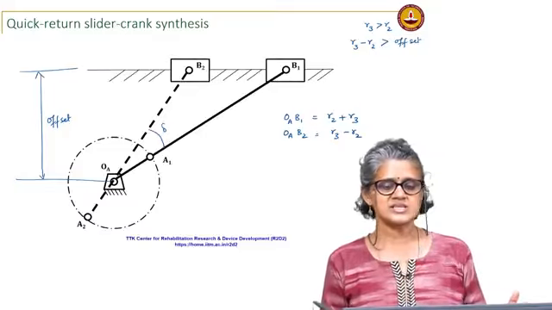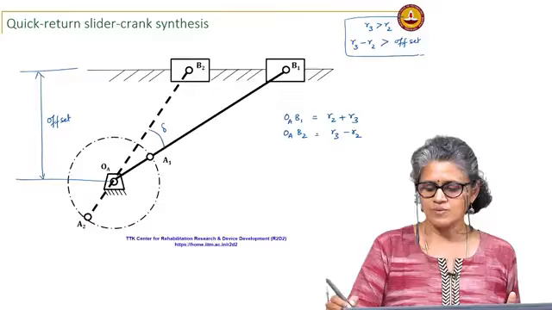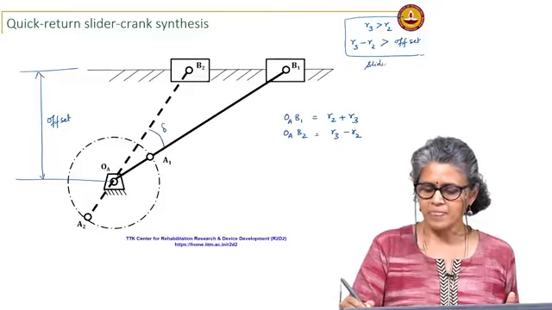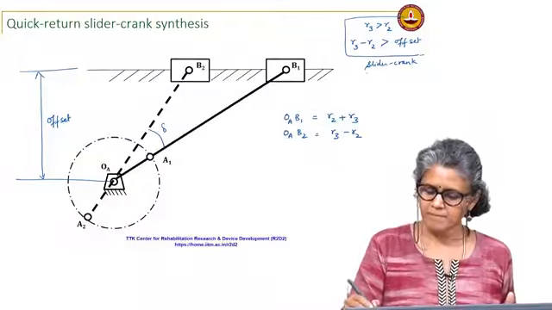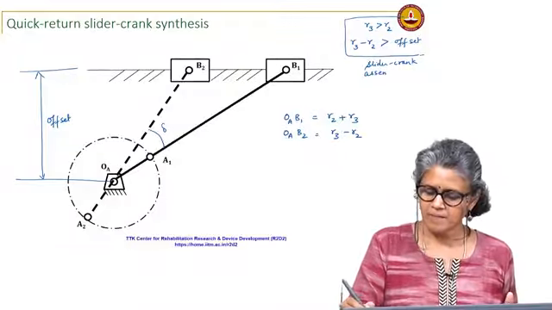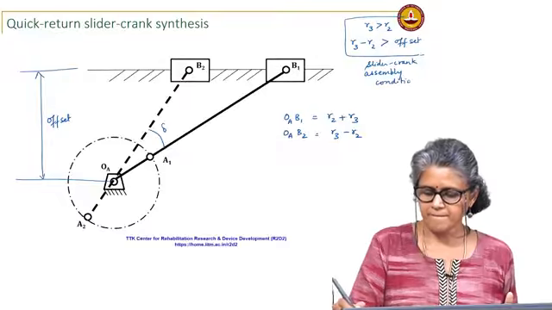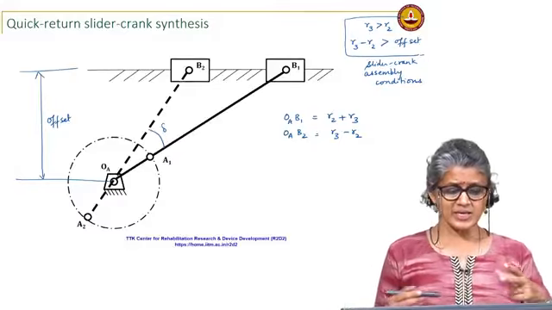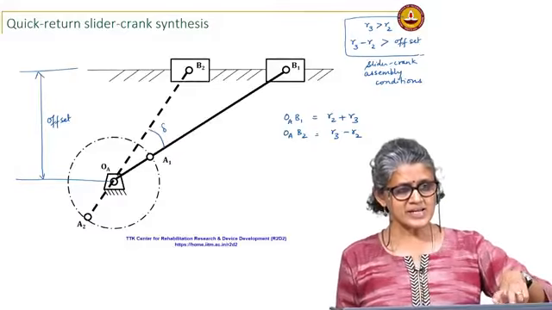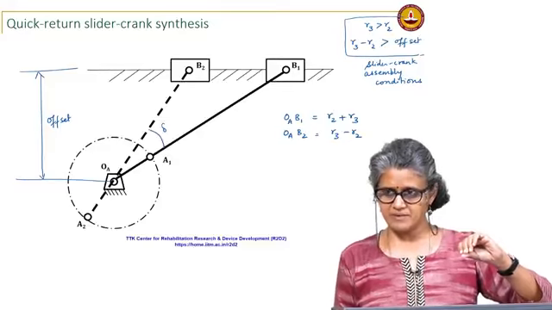So, these are conditions that apply to a slider crank mechanism. In the case of quick return slider crank, in many cases the offset will be specified.